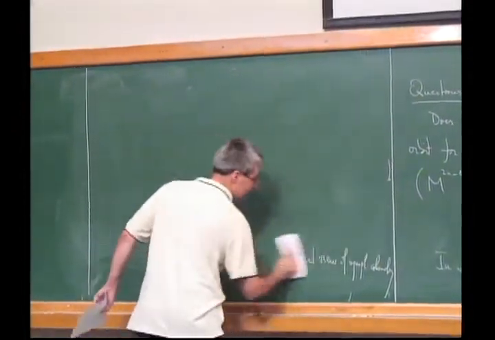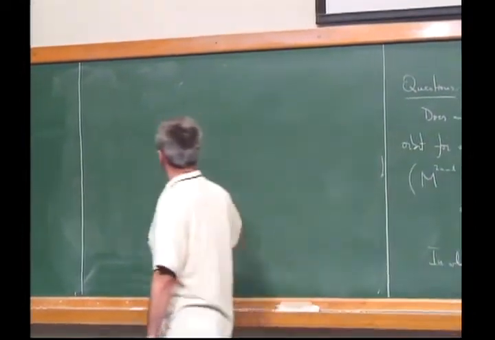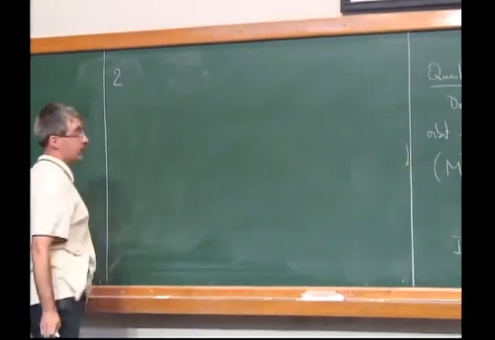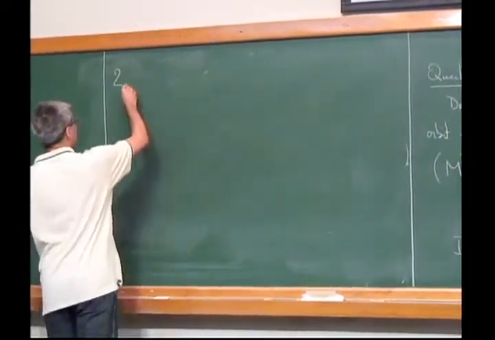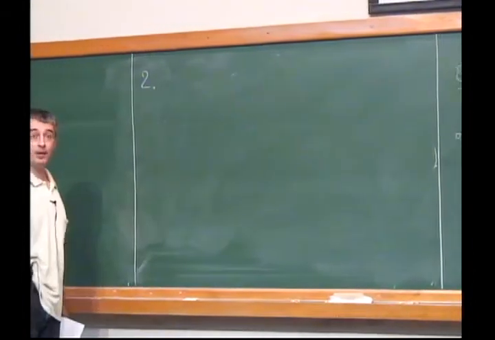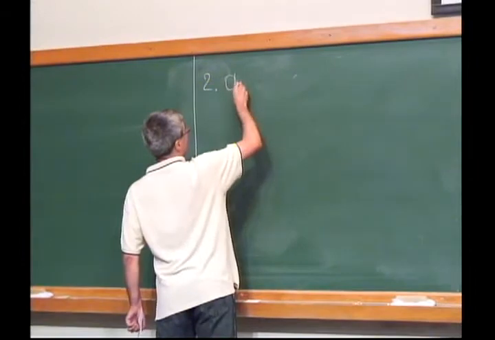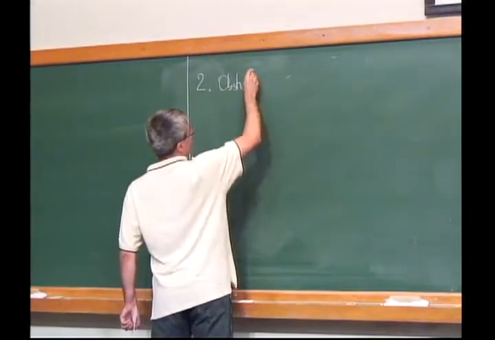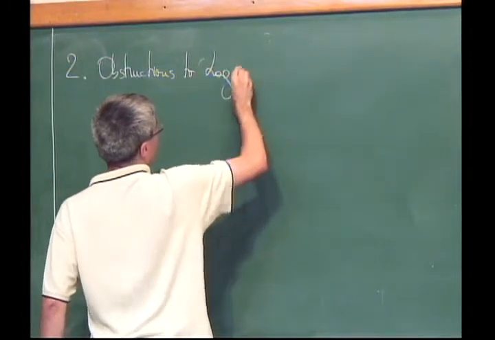And the second type of questions that I want to mention is something that already appeared in Mihai's lectures, and that's the existence obstructions to Lagrangian embeddings.